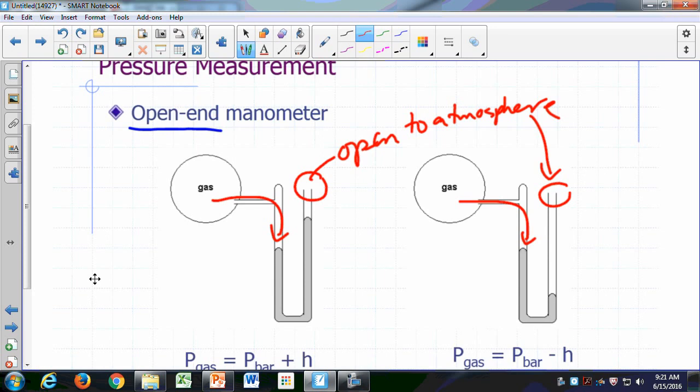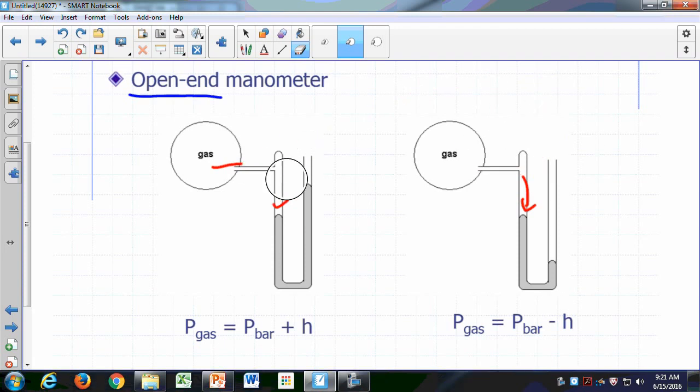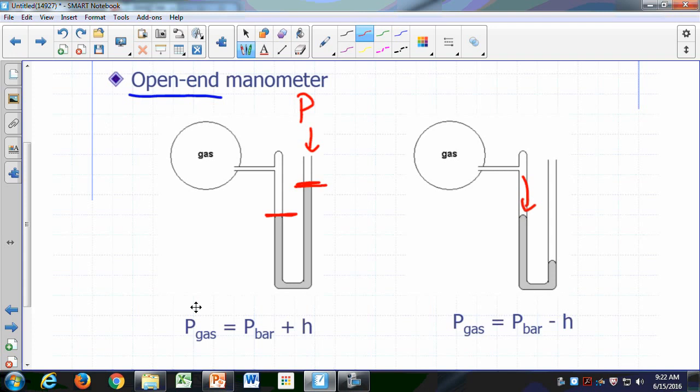So here you have two possible scenarios. Here, the one on the left, you'll notice the mercury level is lower on the gas side compared to the atmospheric side. On the atmospheric side, the one that's open to the atmosphere, the pressure is P bar.